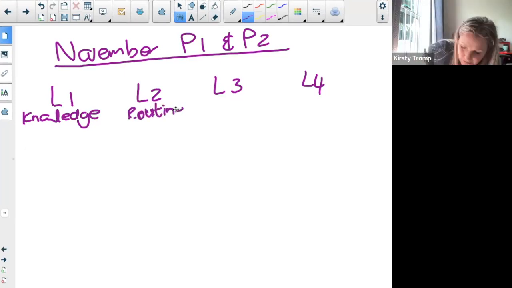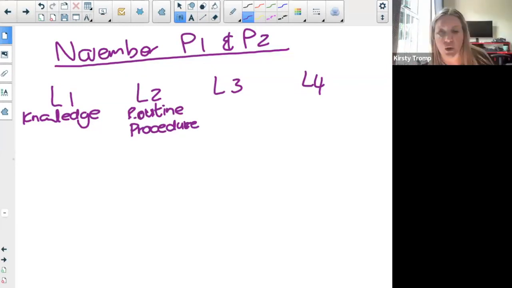routine procedure. Okay, so level 2 questions are what we call routine procedure. So in routine procedure, you're looking at things like estimation and appropriate rounding of numbers, proofs of prescribed theorems, okay?